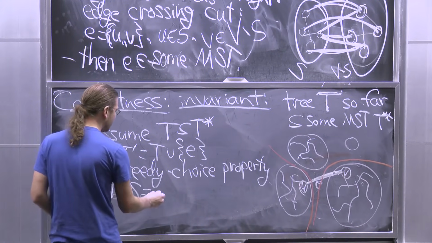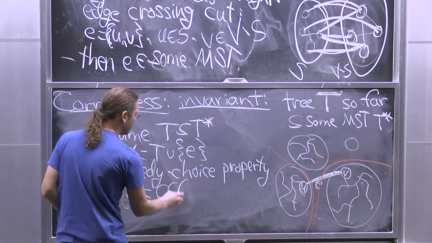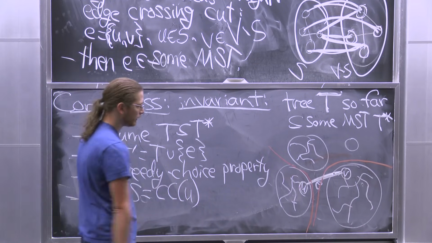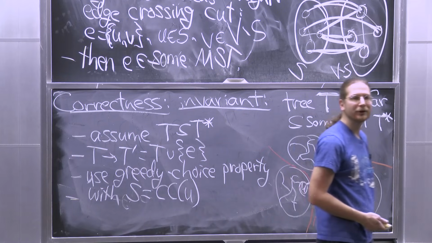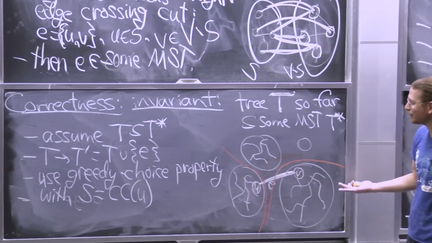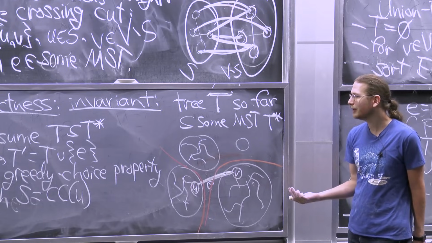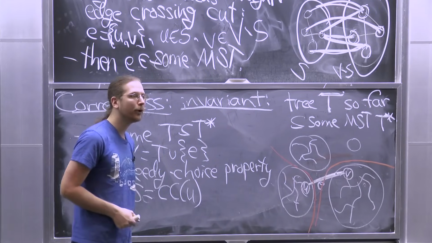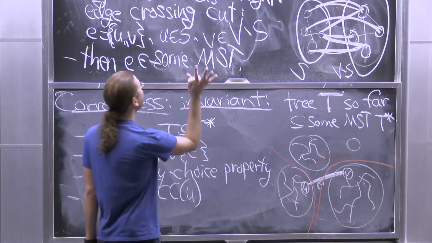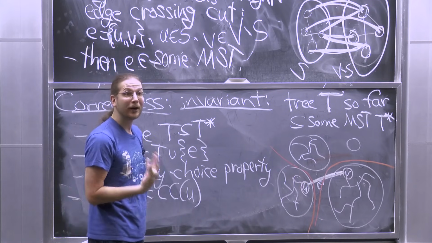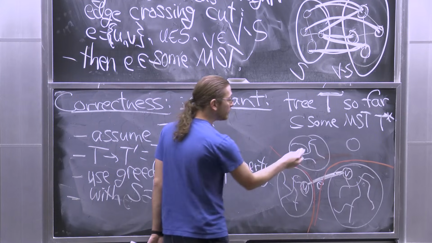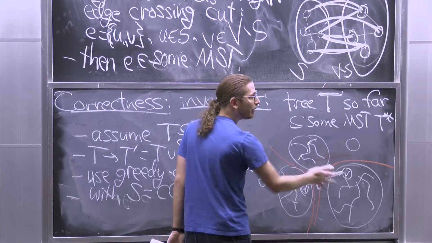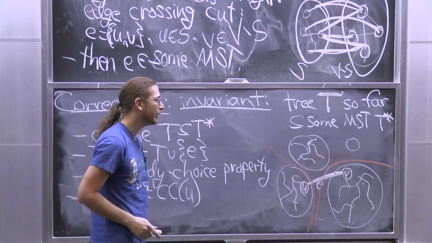So let's say S equals the connected component of U, or connected component of V. E crosses that, right? Because it goes from U to V, and U's on one side, V's on the other side. I want it to include an entire connected component because when I apply the greedy choice property, I modify T star, and I don't want to delete any of these edges that are already in my connected components, that I've already put in there.